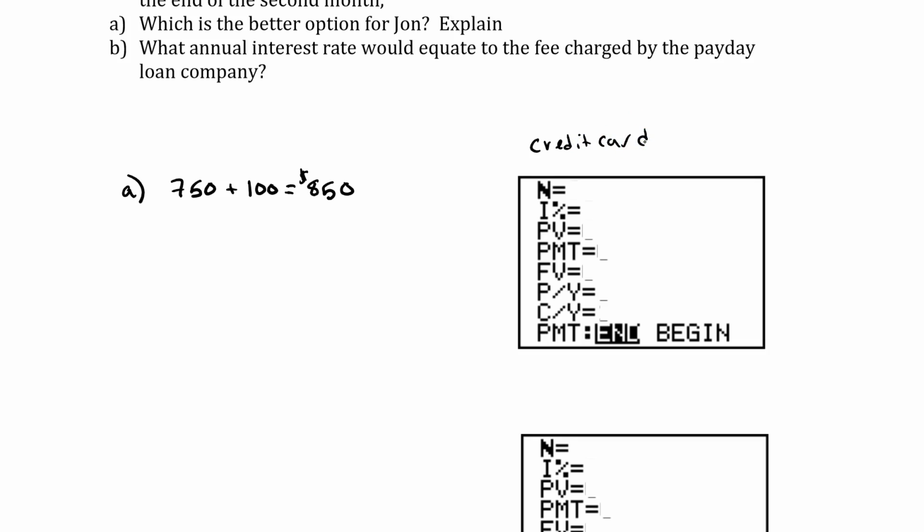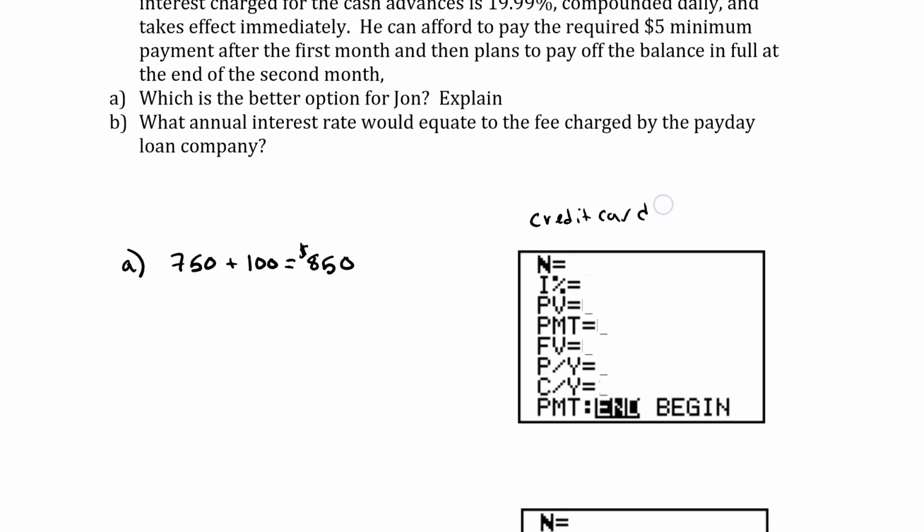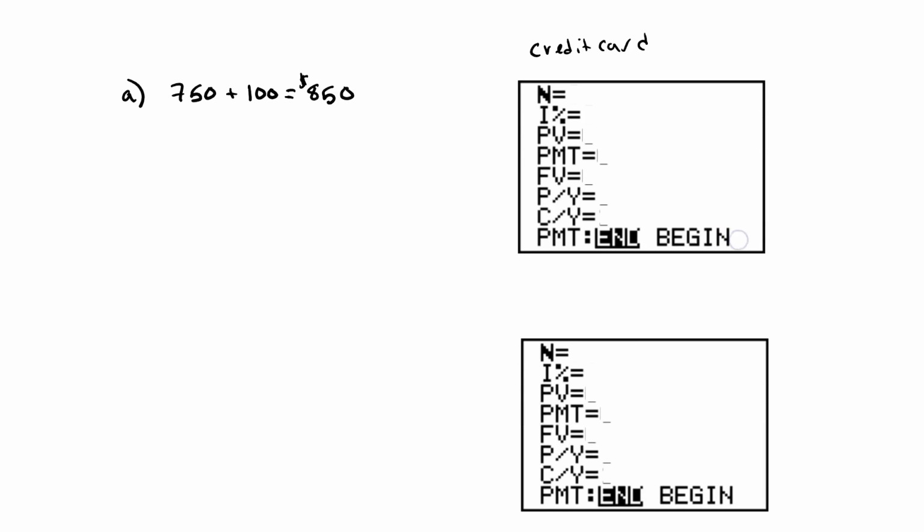Since we're making different payments every month, the first month he can only afford to pay the minimum $5. We're making 2 different payments, so we're going to look at each month differently. So month 1 and month 2.